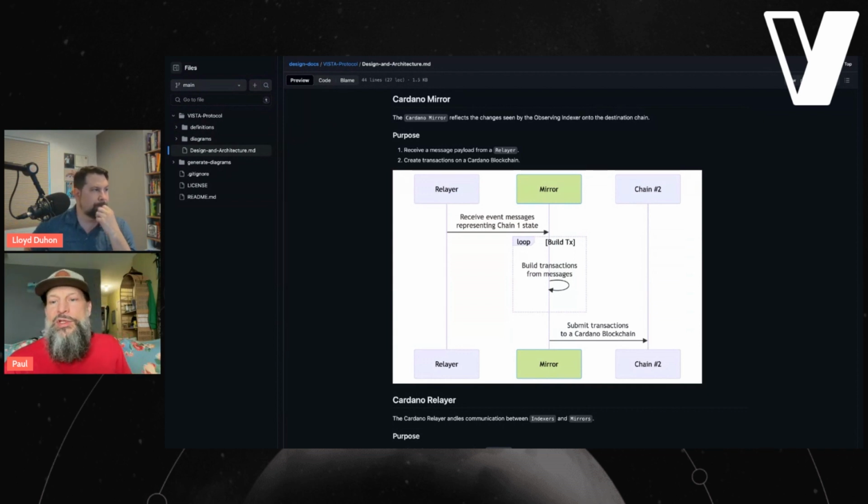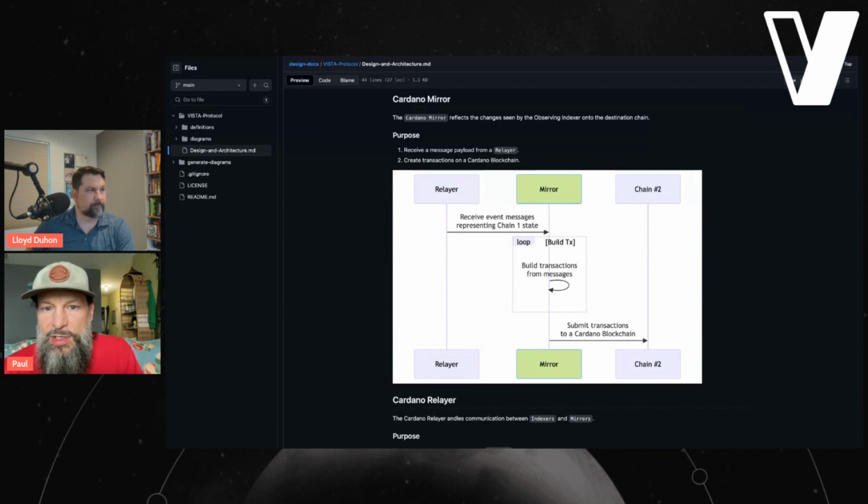And the reason that we do it that way is that, inherently in how that data structure is organized, it will allow for the unlocking or minting of assets on chain number two.